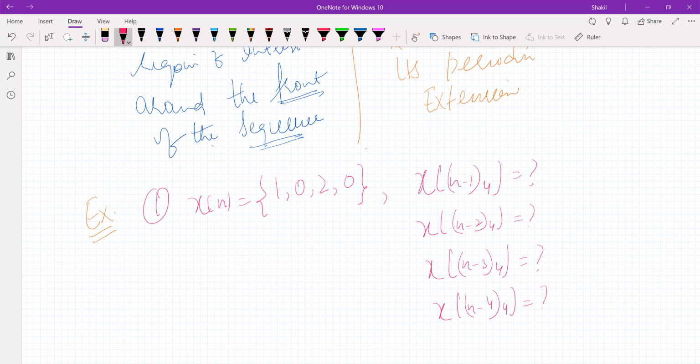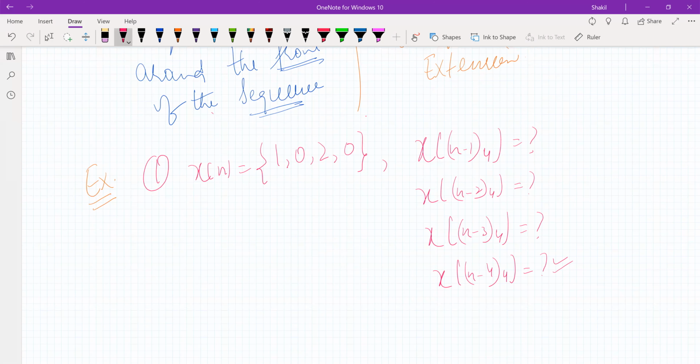This will be an important result. Right? Next example that you will do, you will repeat the same for this.